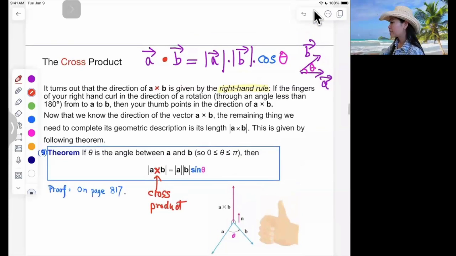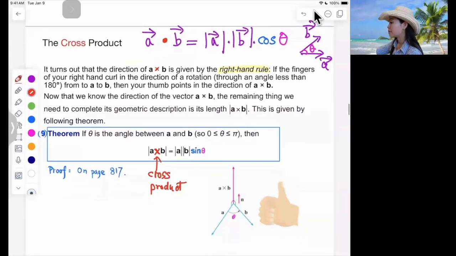Okay, you see the similarity? The dot product has cosine theta, this one has sine theta. This is the magnitude. What about the direction? Direction is according to what kind of rule? The right hand rule. The right hand rule gives you the direction, and this will give you the magnitude.